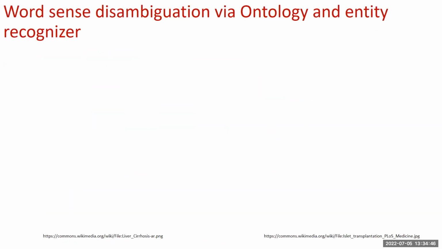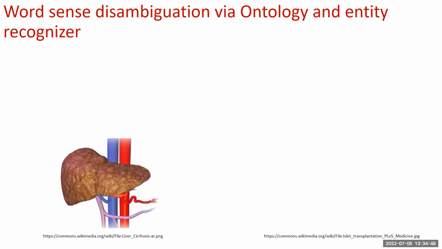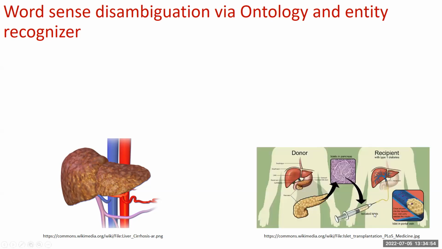There are other ways to disambiguate. For instance, if you have this here, normally you need this here: your liver is out of function, and then you need a liver transplant, and something like this really can show up in clinical documents. At least here in Austria, sometimes clinical documents look even worse, or problem list entries or things like that.